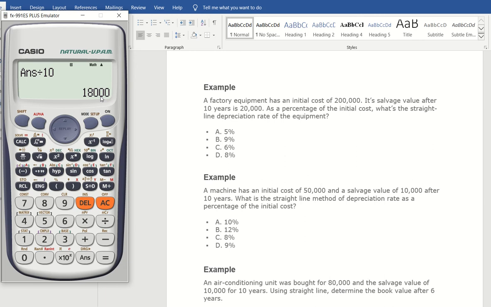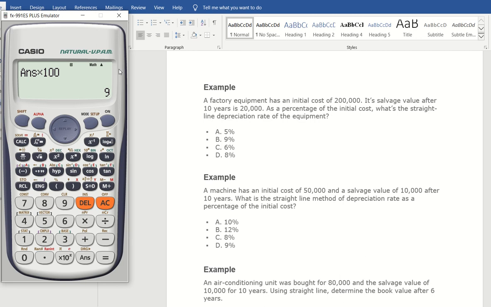After the 18,000, you're gonna divide it again by the first cost, which is 200,000, then equals. And then times 100. So our depreciation rate is 9%.